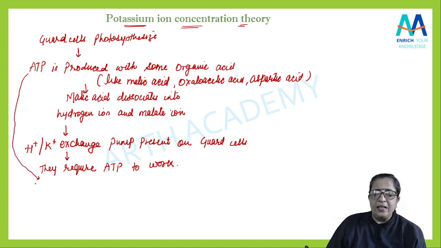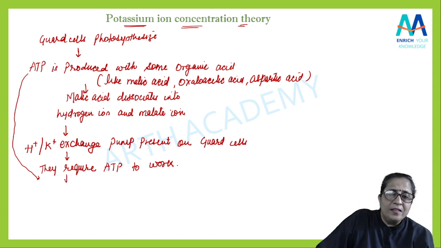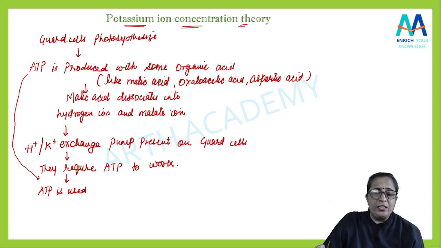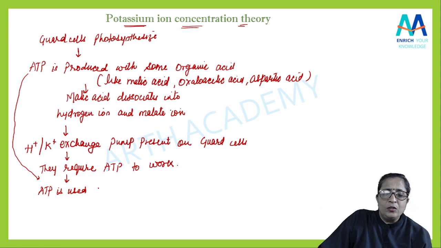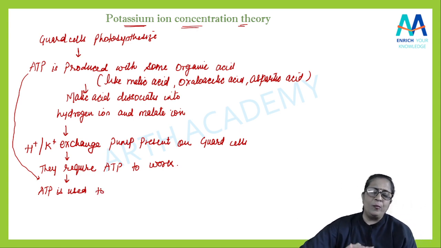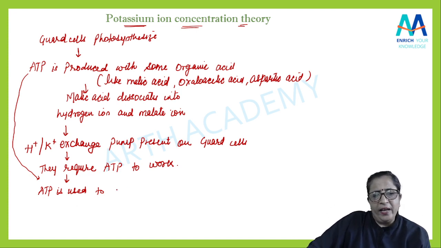Yes, ATP is used. ATP क्यों यूज होता है? As an energy, isn't it? So ATP is used to make potassium ions from the nearby cell to enter the guard cells.